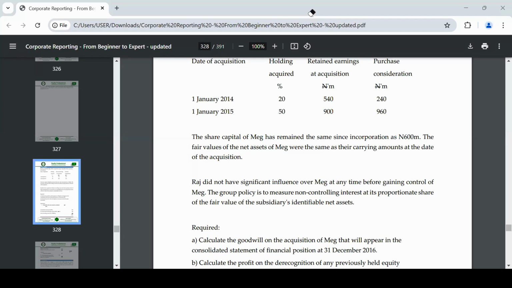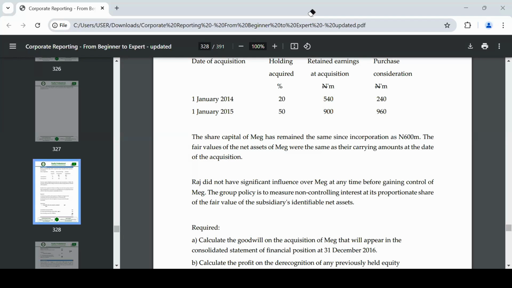The group policy is to measure non-controlling interest at its proportionate share of the fair value of the subsidiary's identifiable net assets. What are we required to do? Simple. Just calculate the goodwill on the acquisition of Meg that will appear in the consolidated statement of financial position at 31st December 2016.